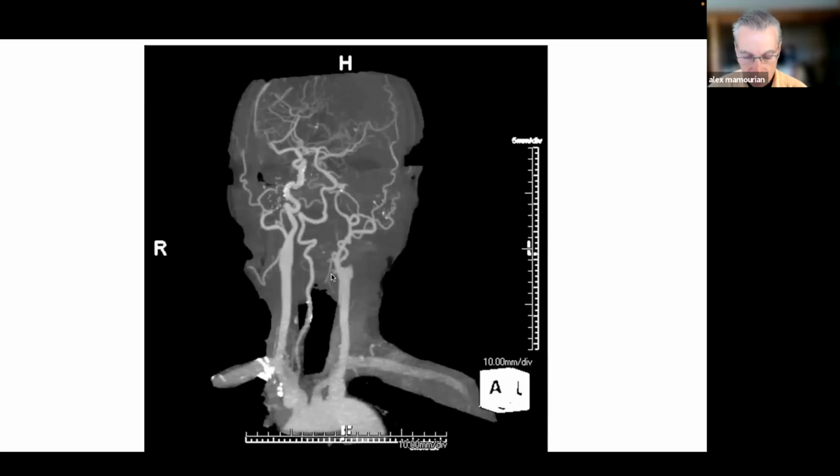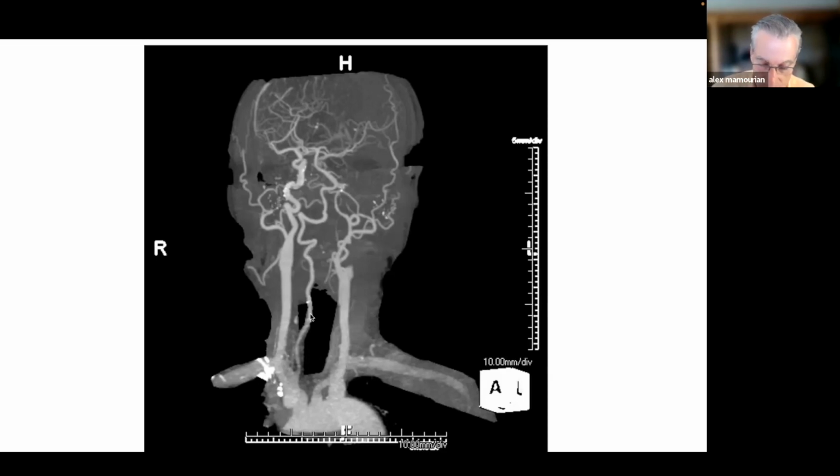And we can look at that in rotation. This is a nice demonstration of the vertebral artery. Just to talk briefly about that anatomy, and we'll talk about this when we get to posterior circulation ischemia, the vertebral artery is divided into 4 segments. The first portion, before it enters the cervical vertebral foramen, is just called the V1 segment.